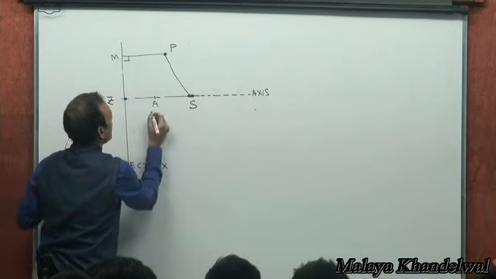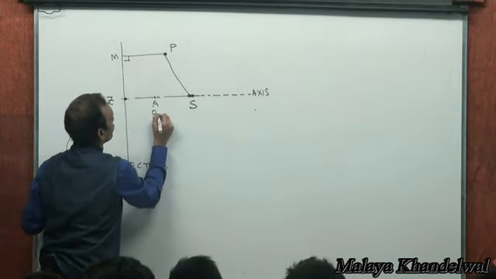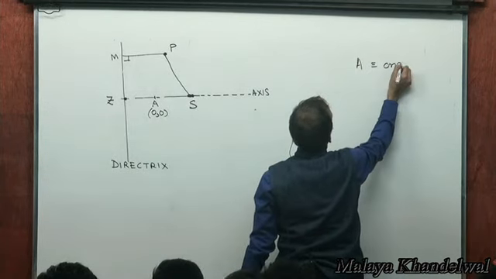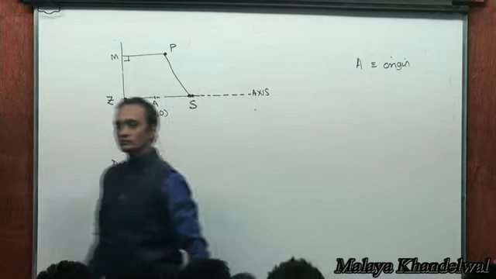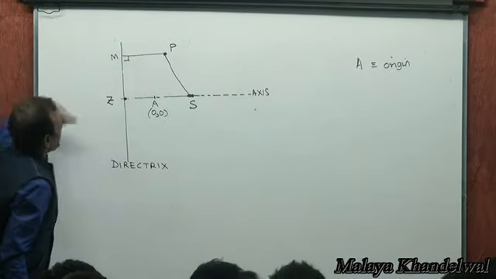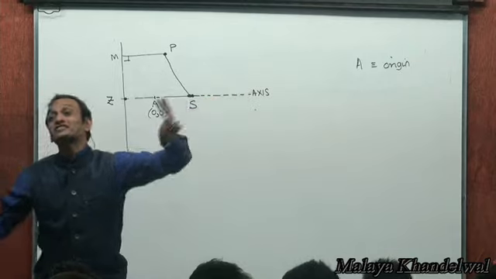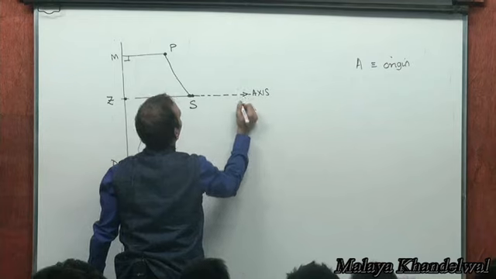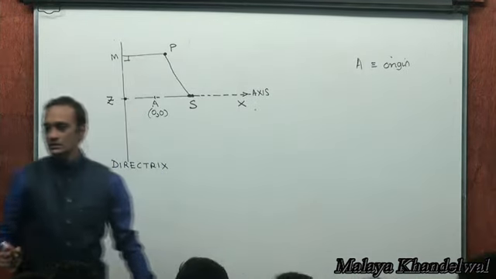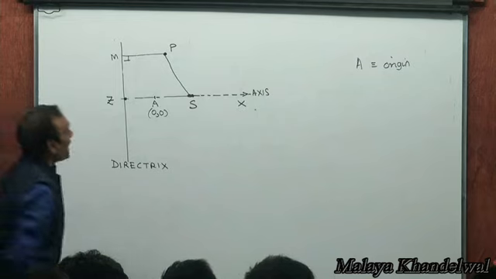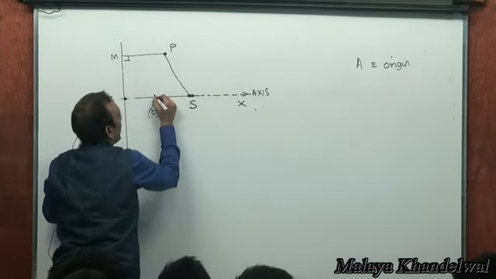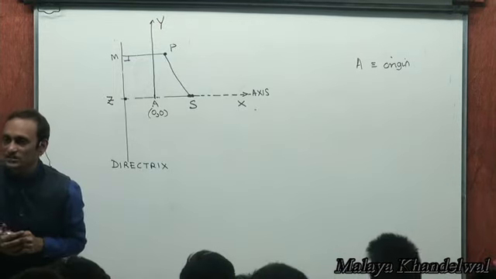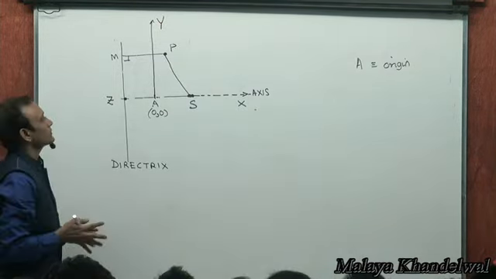Let me choose A as the origin. Might as well choose the axis of the parabola as the x-axis. Why not? And a line passing through A and perpendicular to the x-axis will by default be the y-axis. How about it?